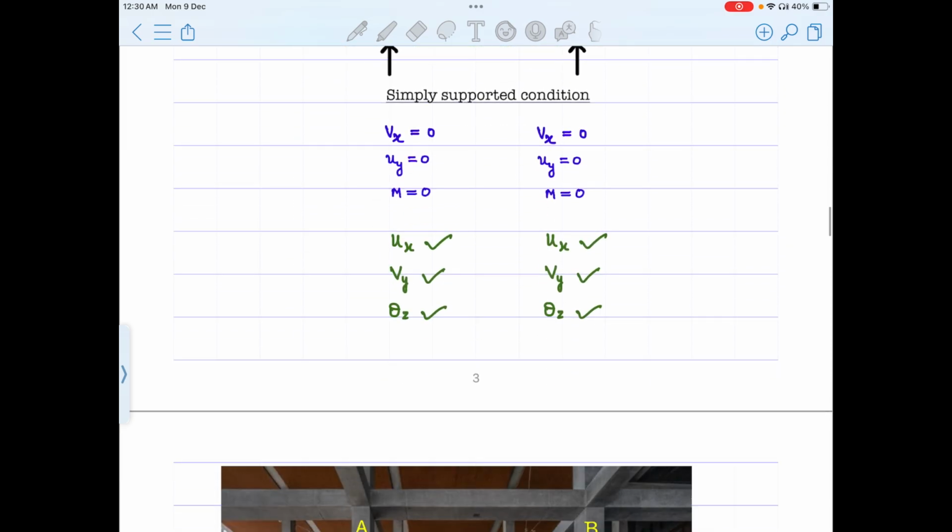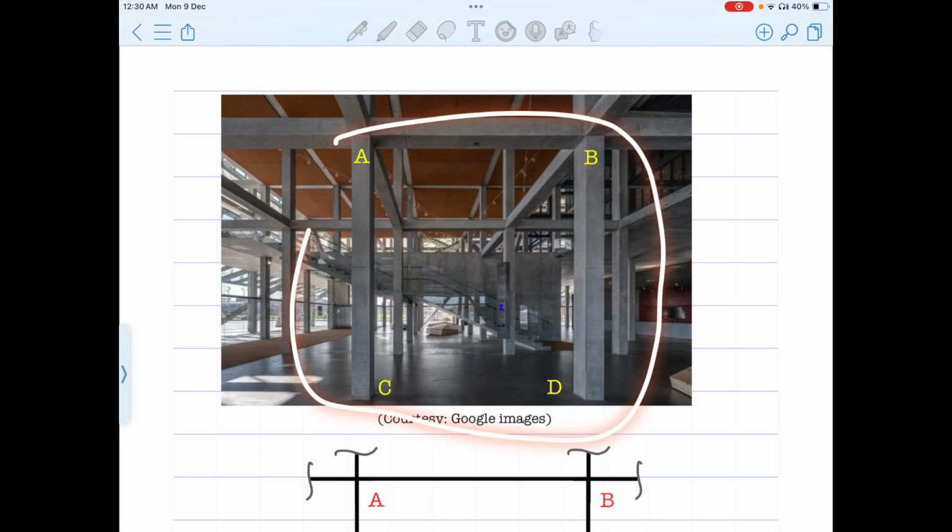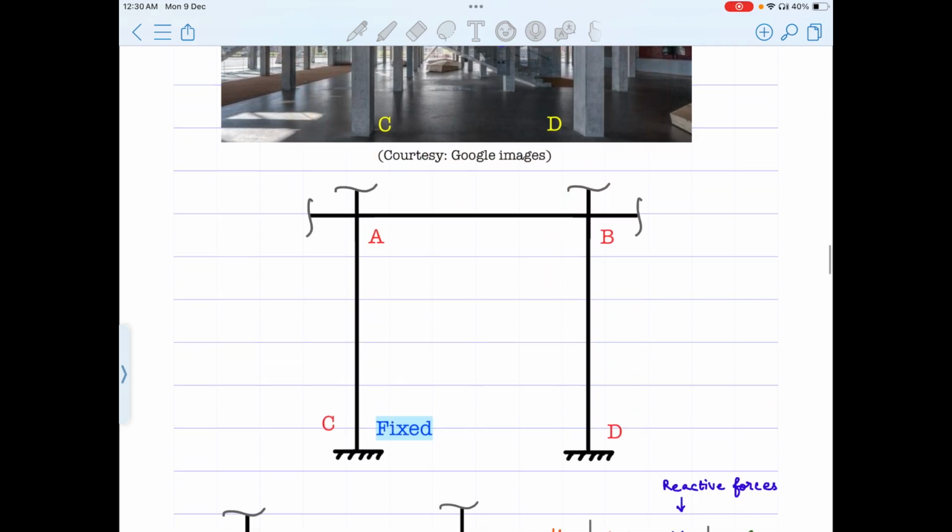All right. So next we will see these frames here. Out of them, we just take this ABCD. ABCD alone is taken here and depicted here. So these bases, C and D, are idealized as fixed ones. Usually it depends on the kind of foundation one has and also the geological stratum available underneath.